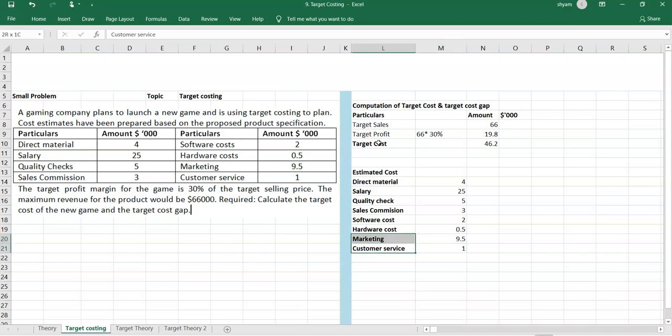All of this put together is 50. So the estimated cost seems to be 50 here.